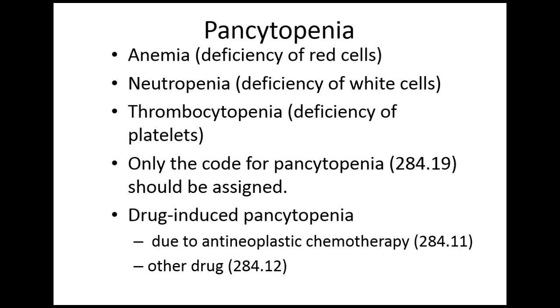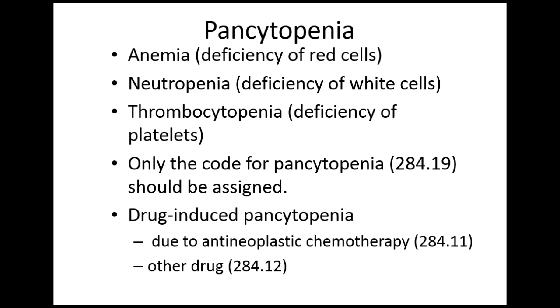Pancytopenia is a type of aplastic anemia that represents a deficiency of all three elements of the blood. When a patient has anemia, a deficiency of red blood cells, neutropenia, a deficiency of white cells, and thrombocytopenia, a deficiency of platelets, only the code for pancytopenia should be assigned. That code is 284.19.